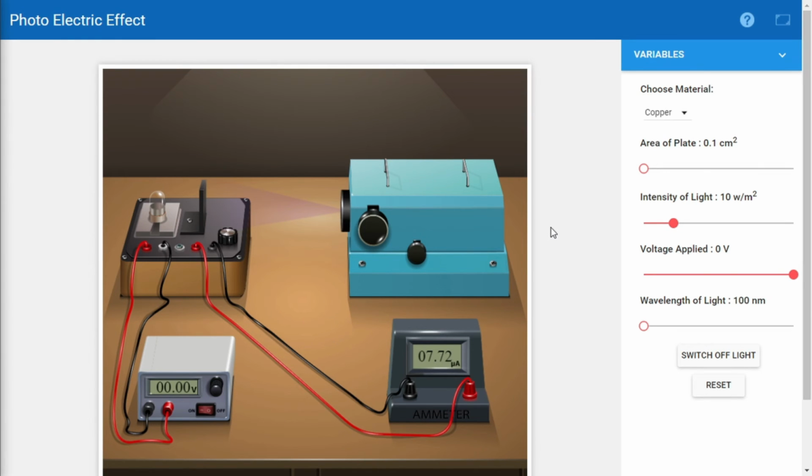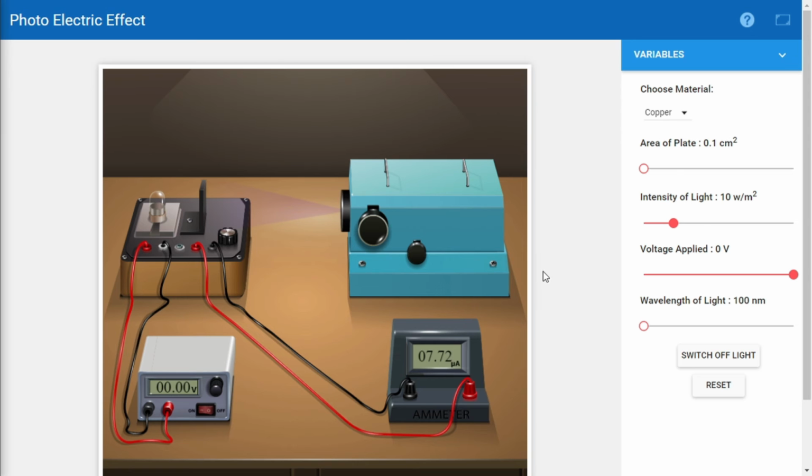Let's see the demonstration of the experiment that we have just studied. Here we have chosen the metal to be copper, whose cutoff wavelength is 751 nanometer. We have taken the wavelength of light used as 100 nanometer, so it should show the photoelectric effect, and it is showing. As we can see, there's a value of some current here.